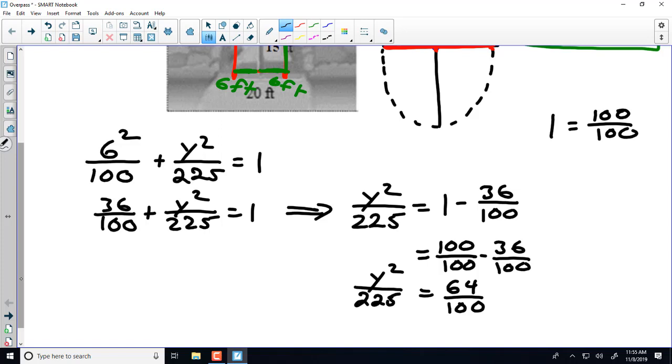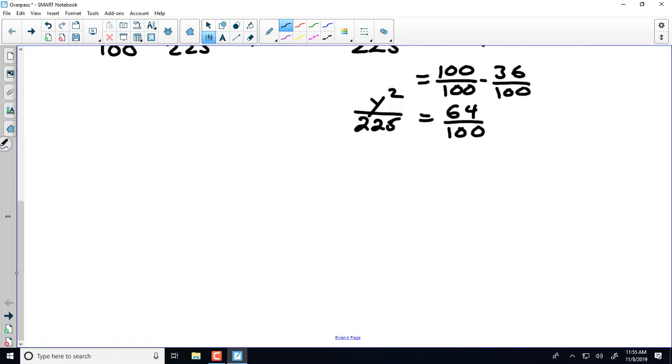Now I'm going to multiply both sides by 225. And then I'm going to take the square root of both sides. And normally when you take the square root of both sides, you do need to put in a plus minus when you apply the square root property. But in this case, we don't need to because we're only concerned about the top half of the ellipse.